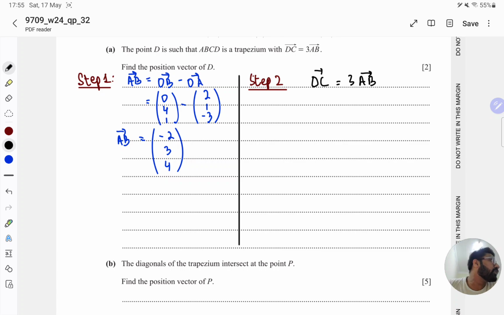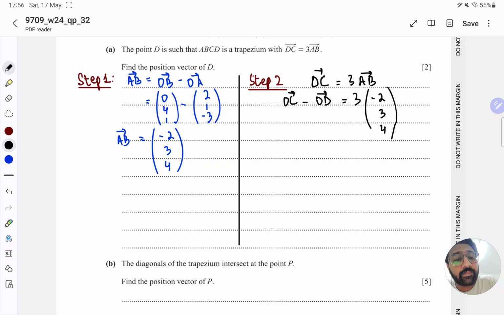I have to convert this DC into the position vectors. This is DC, so it will become OC minus OD, which will be equal to 3 times AB, and the AB vector is minus 2, 3 and 4.